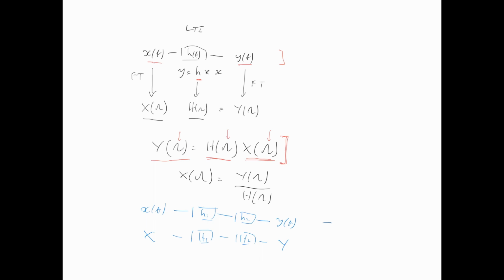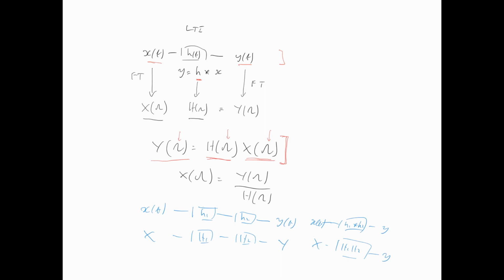And these systems simplify to x of t goes into, this one would be h1 convolved with h2 to give me y, and this one would simply be h1 times h2 to give me y. Because convolution and multiplication are commutative, I can combine these diagrams like this, and the order doesn't actually matter.